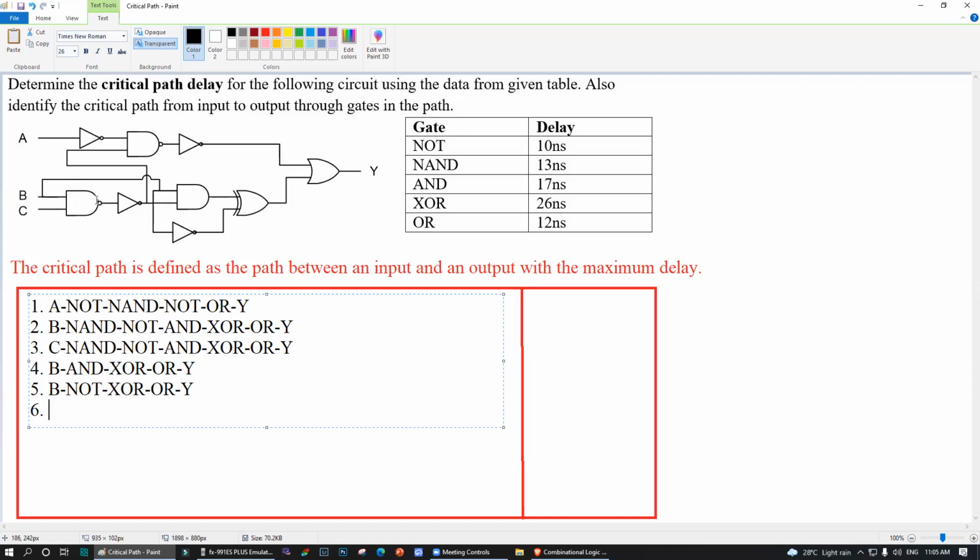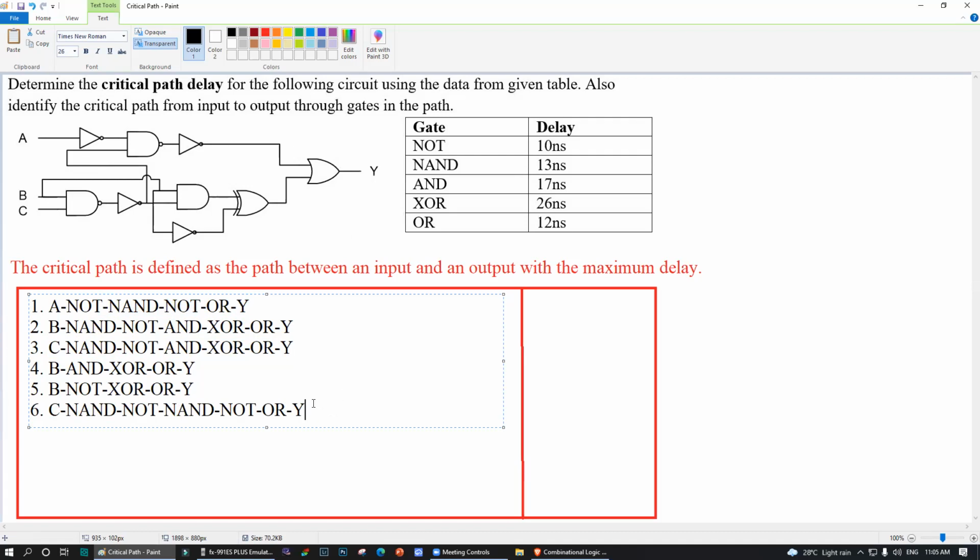C, NAND, NOT, OR, right? C, NAND, NOT, come here, NAND, NOT, OR, Y.